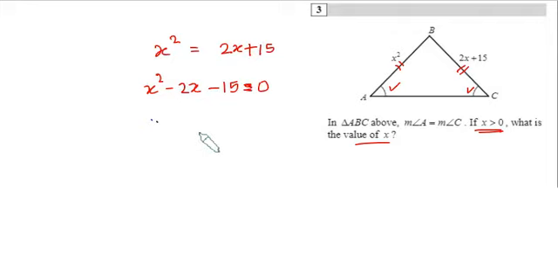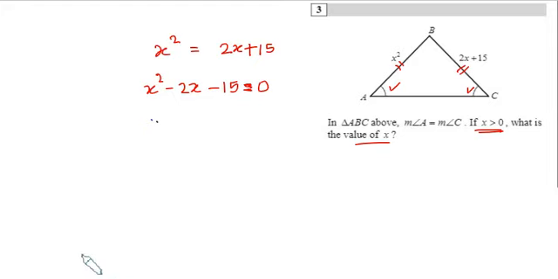From here it is a quadratic equation, so we can solve for the value of x. Solving a quadratic equation, we have learned already. There are two ways to solve this: either the factorization method, or you put the values in the given formula and get the answer. I will be using the factorization method.